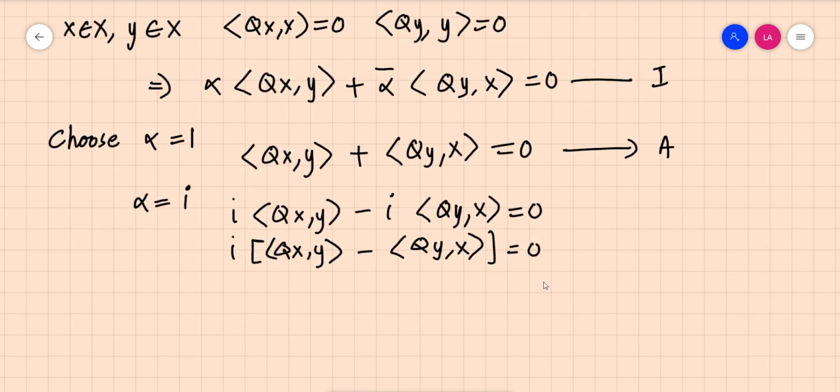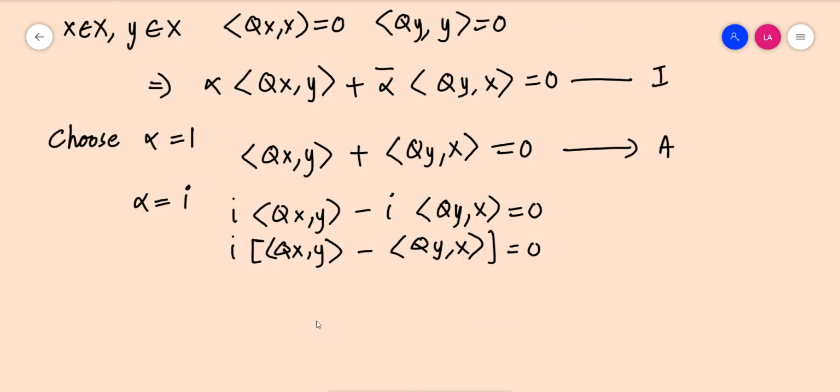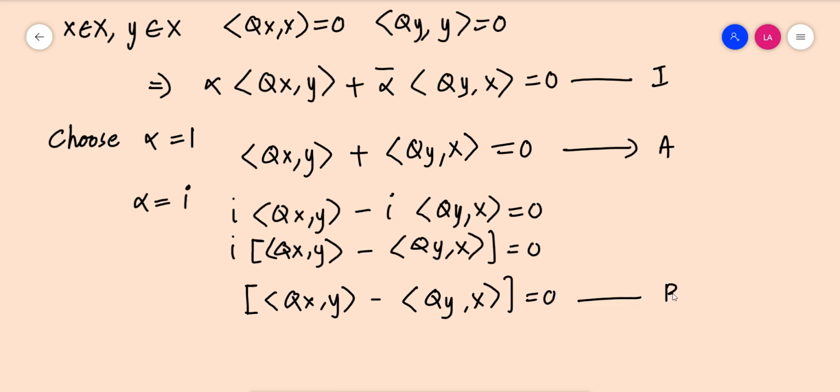Now i is not equal to 0, so the product being equal to 0 means the second part should be equal to 0. So this implies inner product ⟨Qx, y⟩ minus inner product ⟨Qy, x⟩ should be equal to 0. Consider this as equation number B.